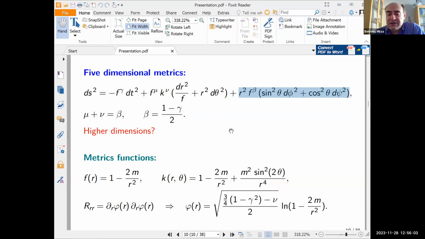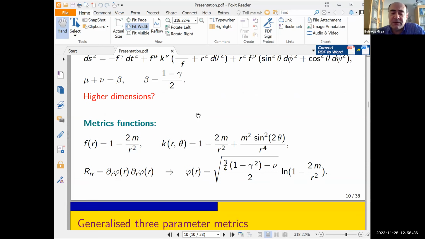And there is another strange thing: we cannot generalize this 5-dimensional solution to 6 or higher dimensions, except at very trivial line elements that are related to this spherical part of the metric. This is an open problem that we don't know how to solve. It's actually a very hard problem that this kind of coordinates cannot be generalized to 6 or higher dimensions.